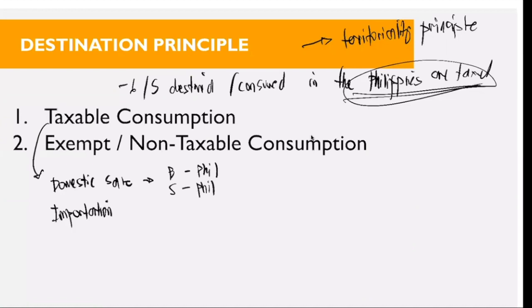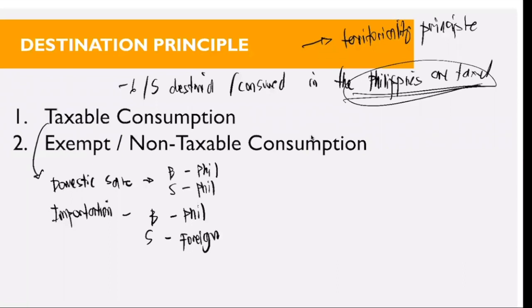A domestic sale happens if the buyer and the seller are both in the Philippines. How about an importation? An importation happens if the buyer is from the Philippines and the seller is from a foreign country or a foreign destination.